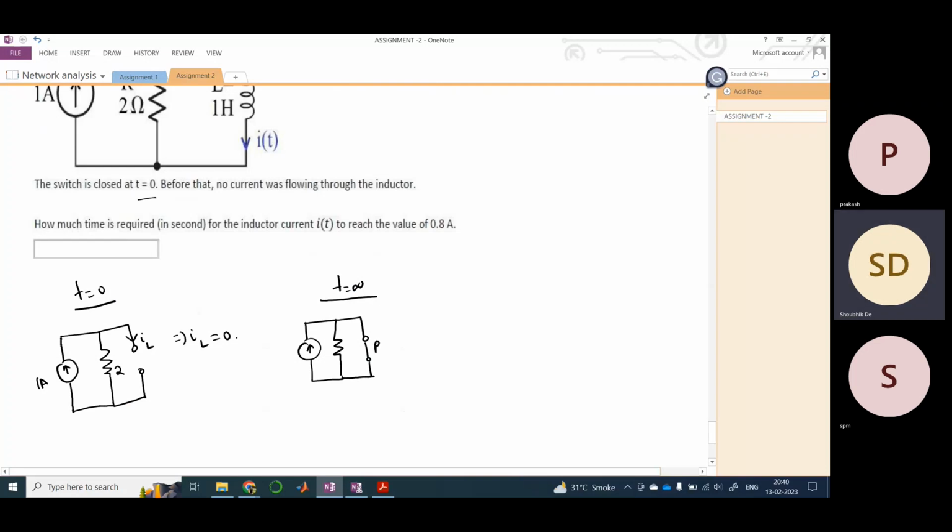Therefore the resistance across this path is 0, and the equivalent resistance would be 0 into 2 divided by 2 plus 0, so that gets cancelled, and this would be 1 ampere, and this would be my IL.